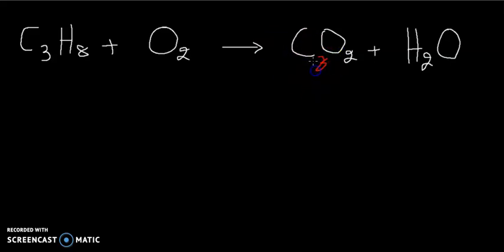No, this is incorrect. You cannot change subscripts. You can change only the coefficients. So this is the part where you can change. So I'll put a 3 here. Why? For carbon, 3 times 1, 3. And here 3 times 1 is 3. So they are balanced now.